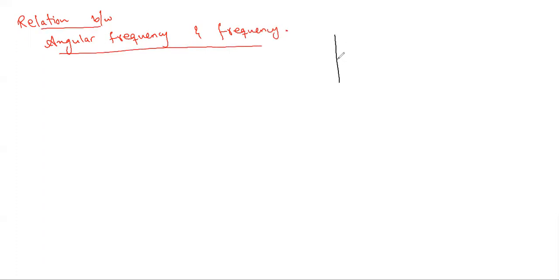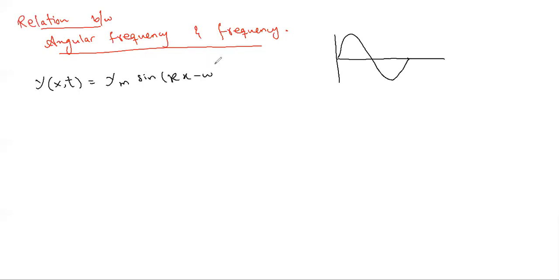Let me draw this wave again over here. So this is my wave, and my wave equation is y_m sine of (kx minus omega t).